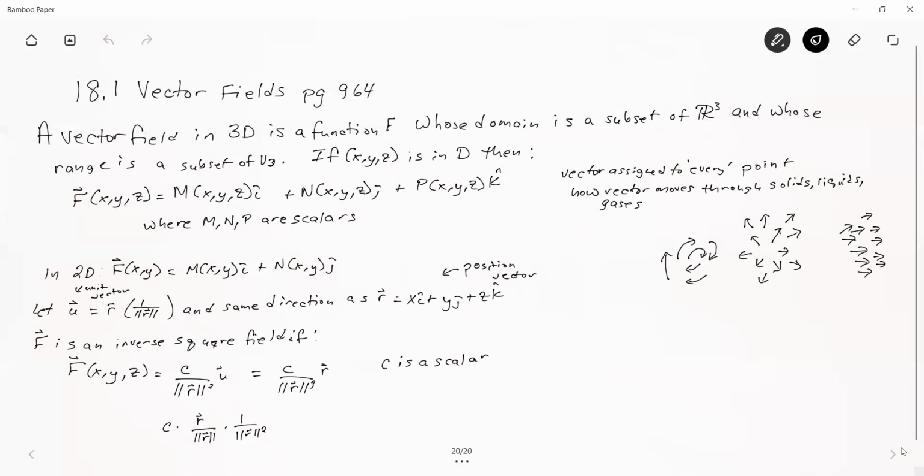Okay, all right, so let's look at our vector field. Our vector field, we'll call this F, is what we call conservative if F of x, y, z is equal to, remember this from chapter 17, our gradient.